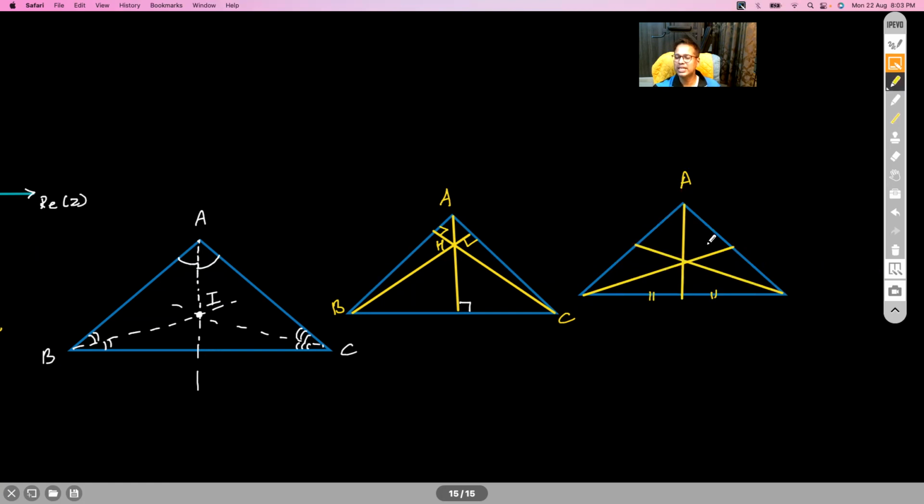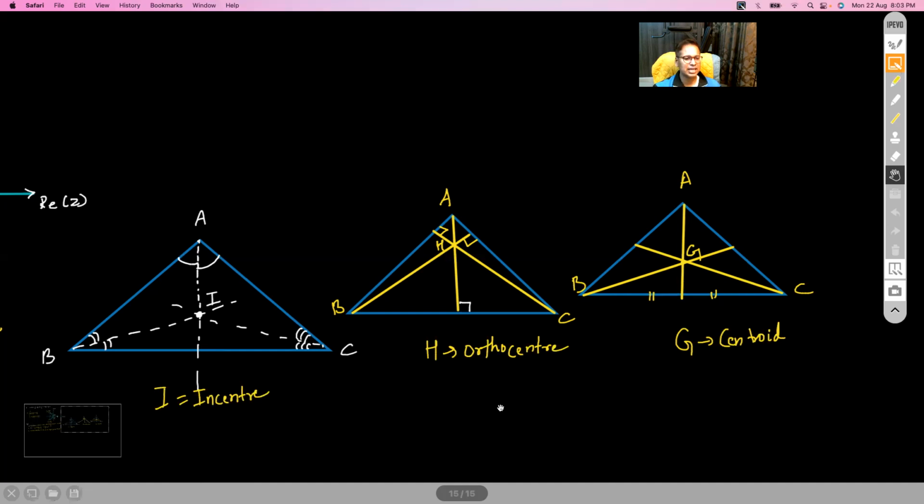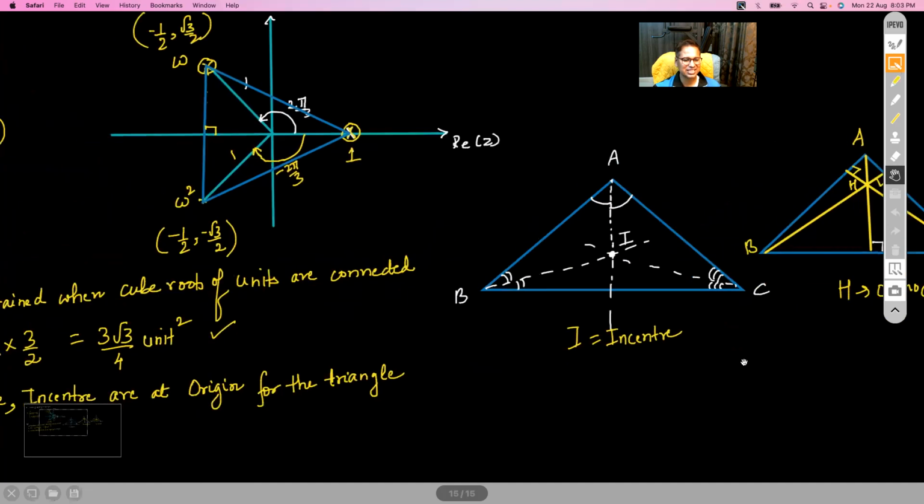This is called the median. These lines are called the medians. Now the medians meet at centroid. So G is the centroid of the triangle. H is the orthocenter. And I here is the incenter. Fine, everybody will now remember these.